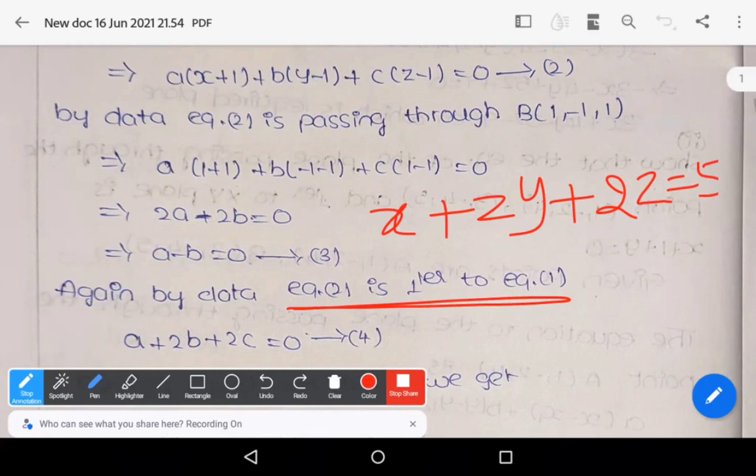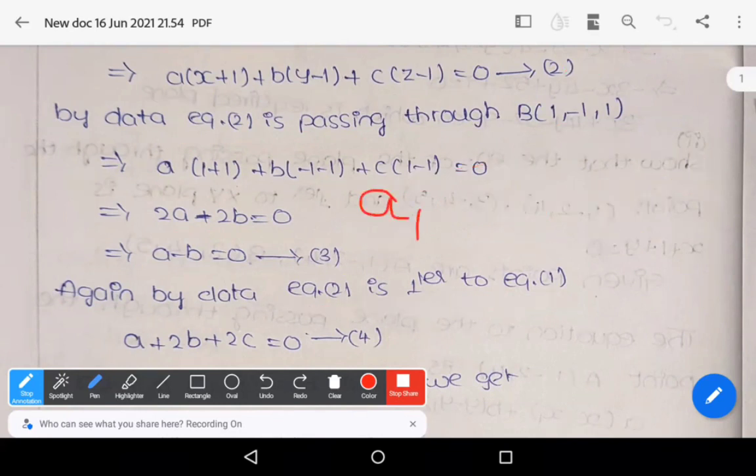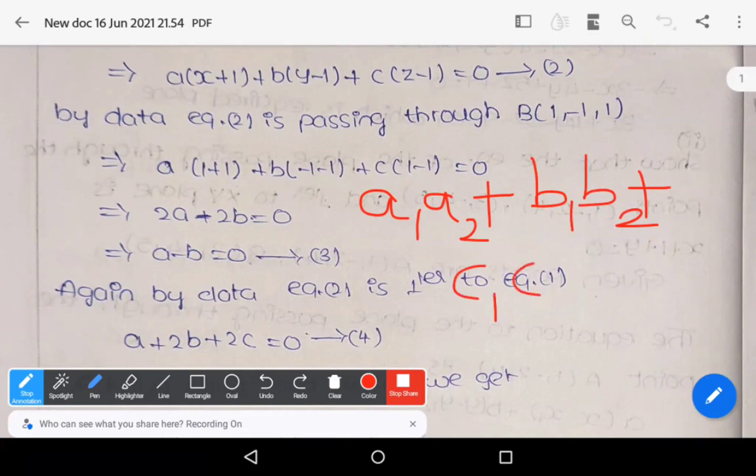What is equation 2? a(x + 1) + b(y - 1) + c(z - 1) = 0. If two planes are perpendicular, then we use this condition: a1a2 + b1b2 + c1c2 = 0.